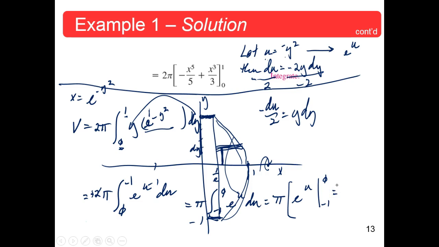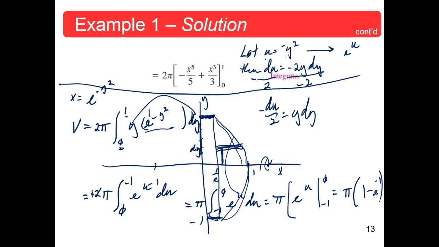And that's going to be pi times, and what's e to the 0? Say again? 1. Okay, anything to the 0th power is 1, minus e to the -1. Now that's a legitimate answer. It may not be the one they give. Yes, it is.